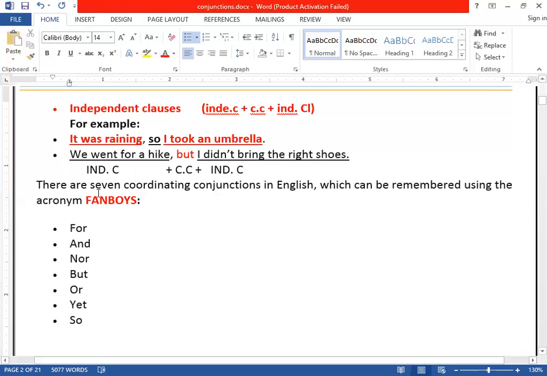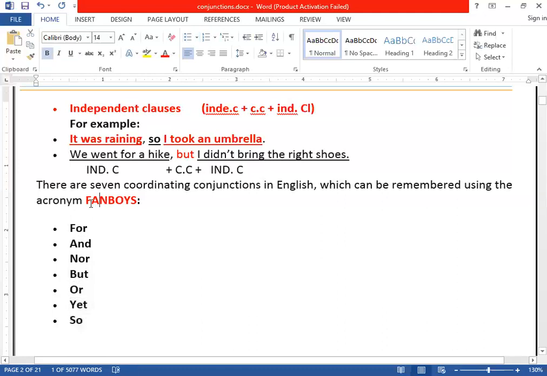What I mean by FANBOYS: the first F means for. Then we have N, nor; B, but; O, or; Y, yet; and S, so.